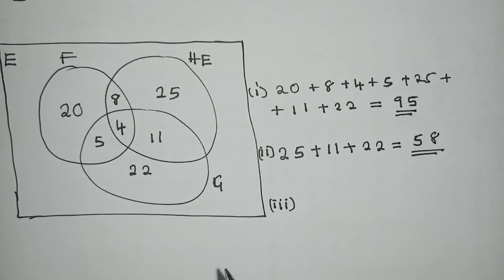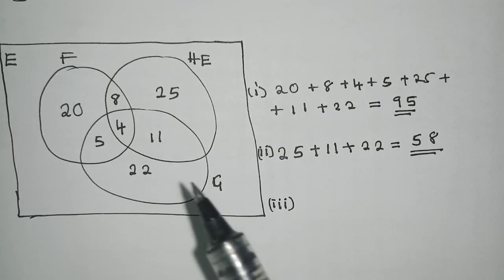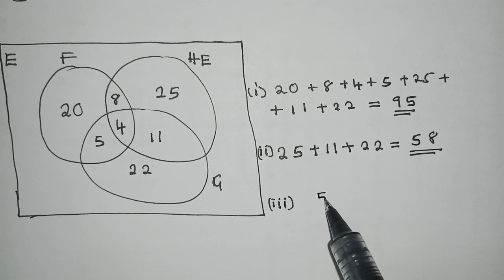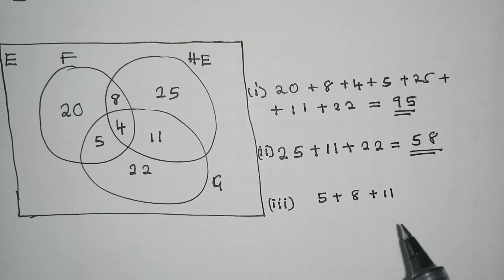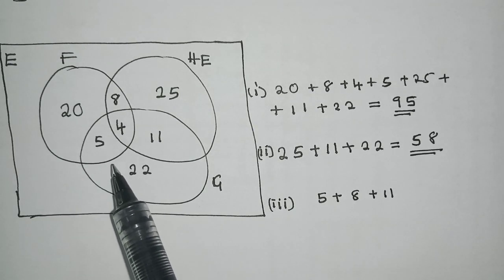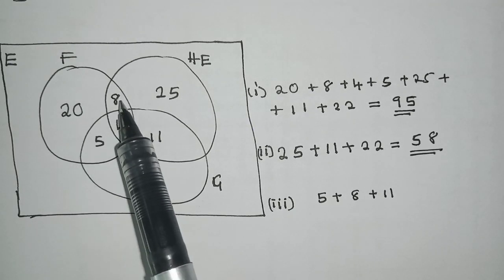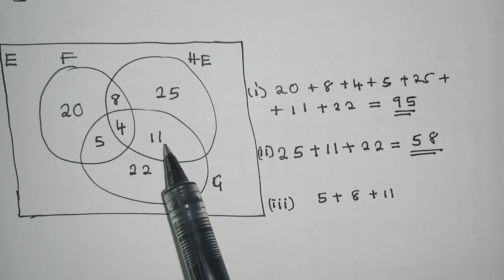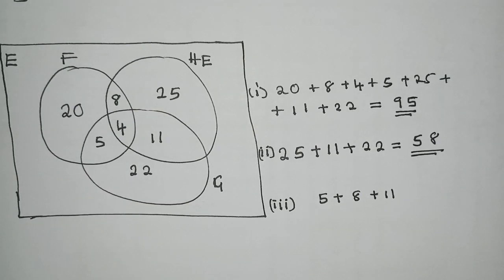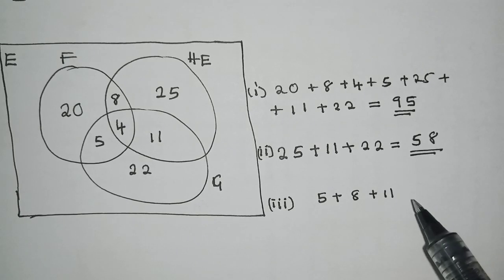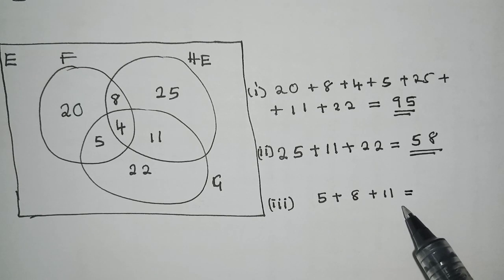So for 2 optional, it's just 5 plus 8 plus 11. Okay, this 5 is for G and F. 8 is just for H and F. 11 is for G and D and H, E. Okay, so we just add those, and what are we getting?